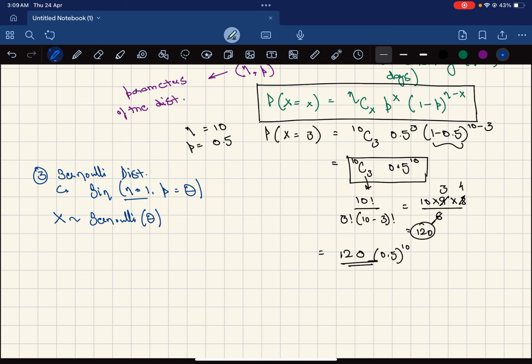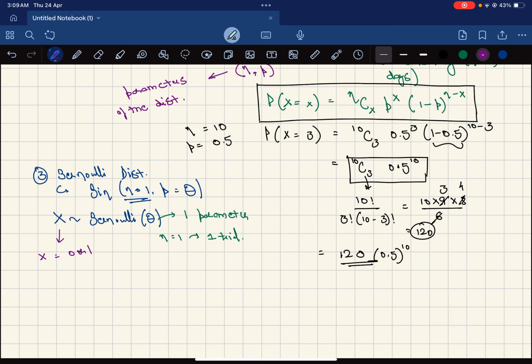Now since n is fixed here, we only have one parameter here, which is theta, which is same as the probability we saw in the binomial distribution, but in this case, since n is equal to 1, we have only one trial. Now one can automatically guess the possible values of x could only be 0 or 1.